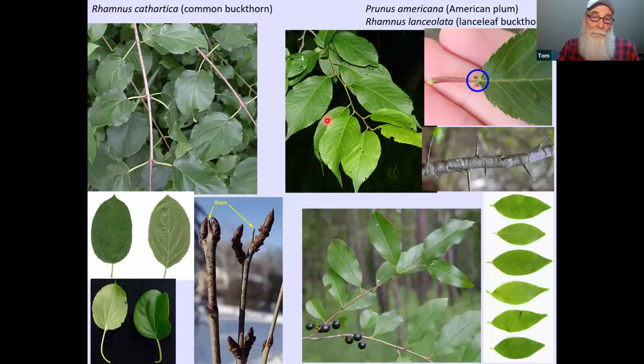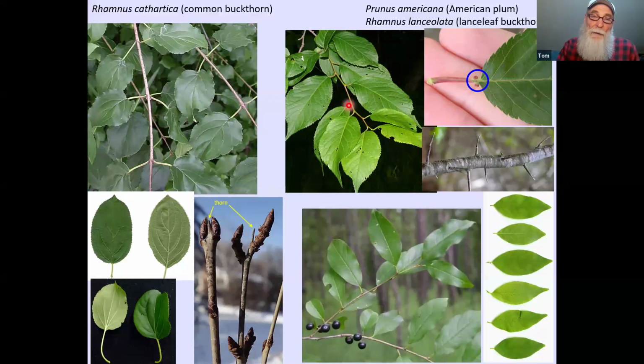Now, I could see why you might look at American plum and be confused, because American plum also has thorns. But these thorns come off all along the twig. There are several thorns coming off all along the length of the twig right here, and not just at the very tip.